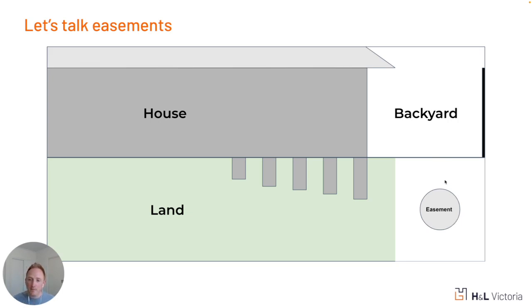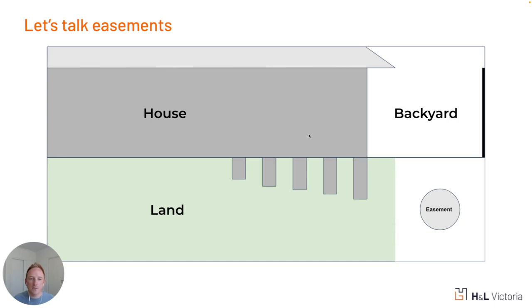One of the things I like to help you understand is that you cannot build a house too close to an easement. The reason for that is that if a council was to come along and need to repair this easement one day, they would need to dig this up. And therefore, your house no longer has all of this land to sit on and rely upon. It only has this little gap here.